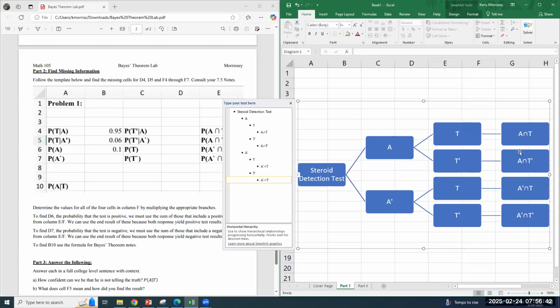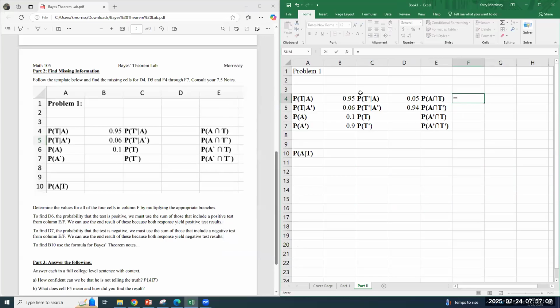So now at the end, we need to tally up the likelihood that they now happen simultaneously. They have all been together, right, at the very end. So this is when we can find A and T. First A and then T. So therefore, for A and T, we get to multiply these branches to get the end result. You took the drug and you tested positive.